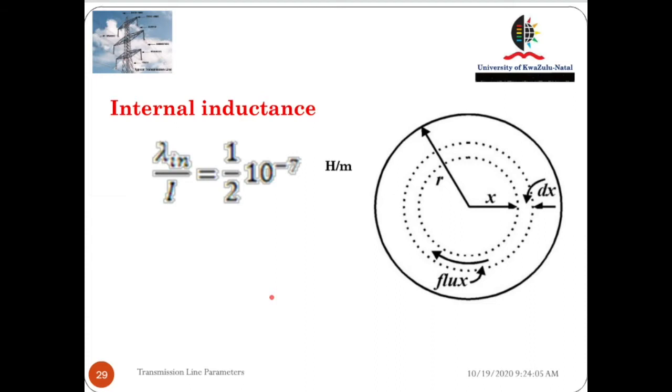Now we have to first ensure that, the reason is that we assume that the current distribution is uniform, meaning the current that the conductor is carrying is uniform, starting from the center to the last layer of the conductor, across the layers of the conductor. That's why we are assuming that the conductor is long enough and circular in cross section area, and that the other conductor.